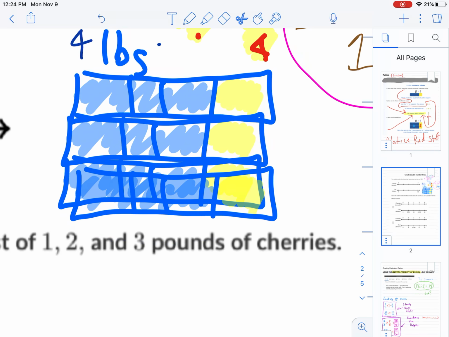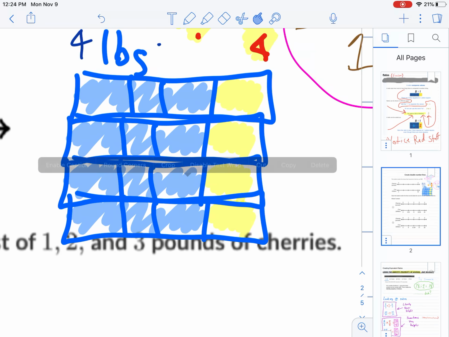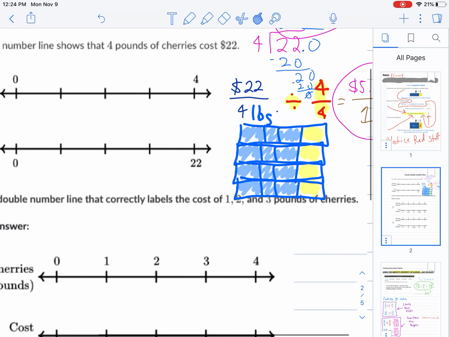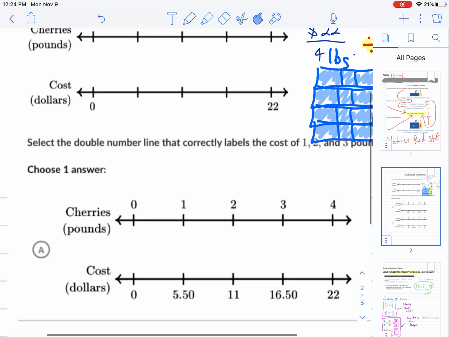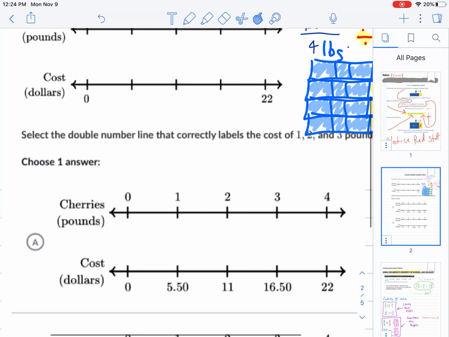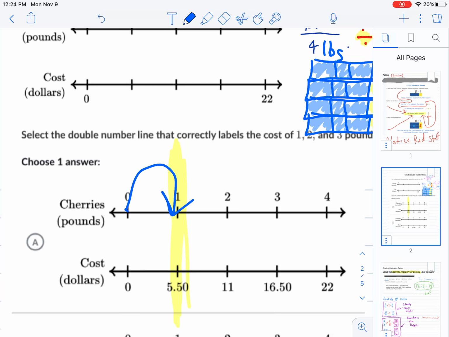All right. Now your question is going to ask, select the double number line that correctly labels the cost of 1, 2, and 3. Well, I would only look at that one right there. I want to know from 0 to 1, how much money did I pay? Because if I know that it's changing at the same rate, that shouldn't change.